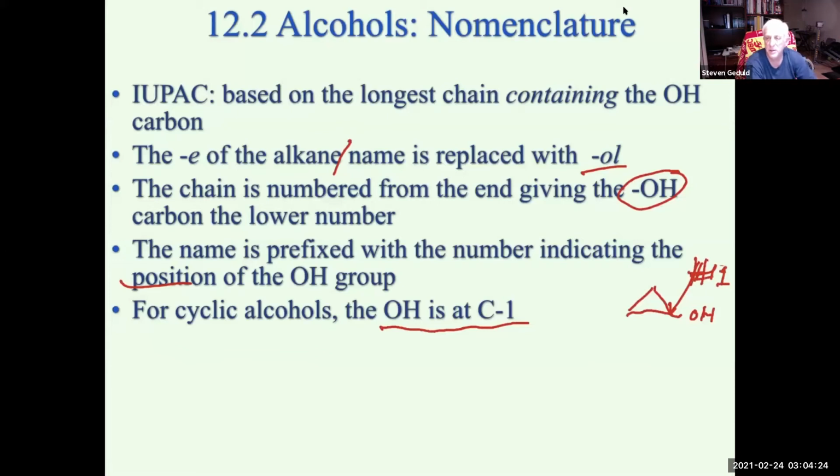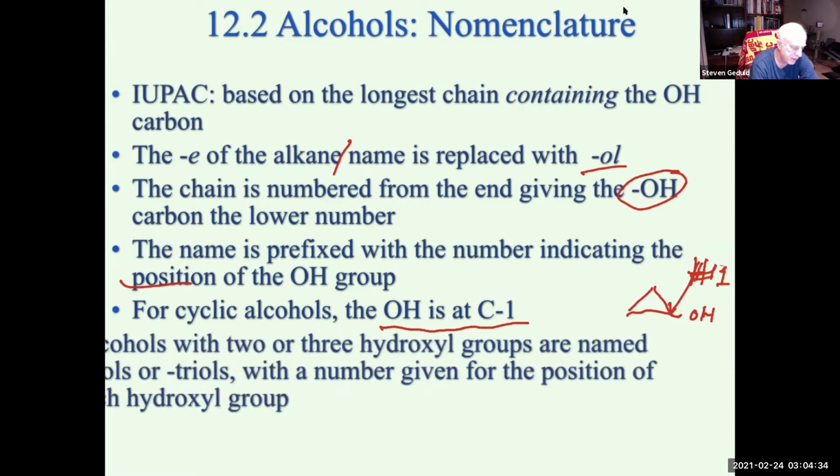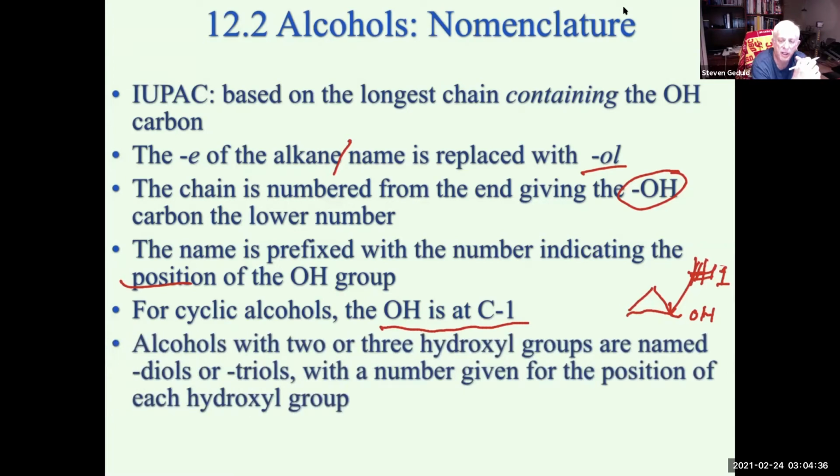So wherever the OH is attached in any kind of cyclical compound, that becomes the number 1 position because it's the lowest number. Alcohols with 2 or 3 hydroxyl groups are named diols or triols with a number for the position of each OH group. So it's 1,2-diol or 1,2,3-triol.